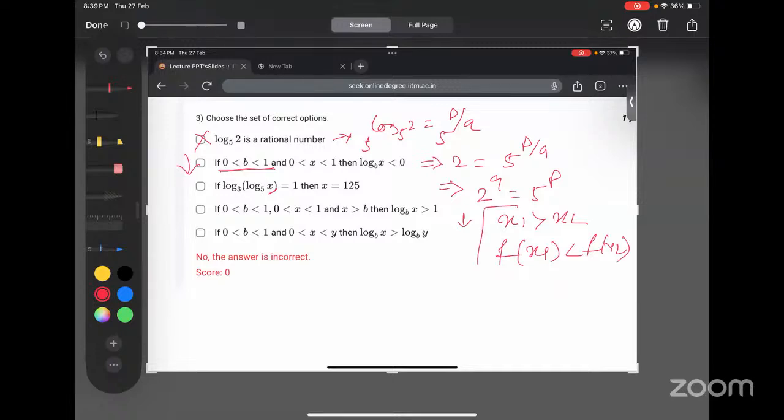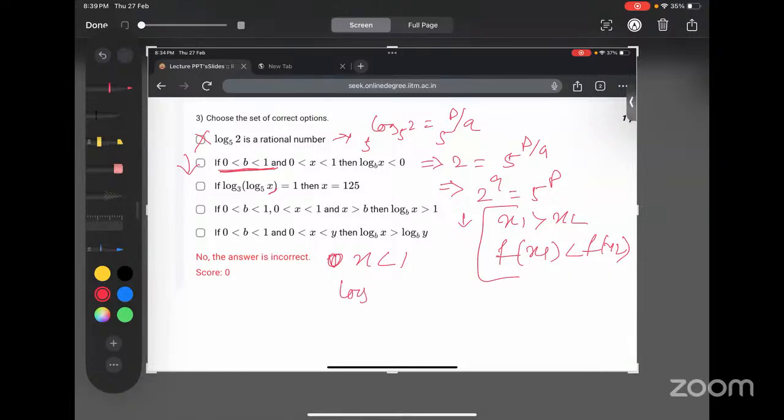The reverse inequality if a function is decreasing. Yes, ma'am. So we have the function decreasing for this b, and x is less than 1. That means it will reverse the inequality.